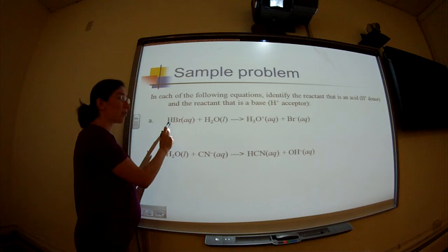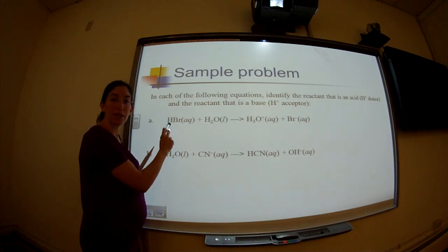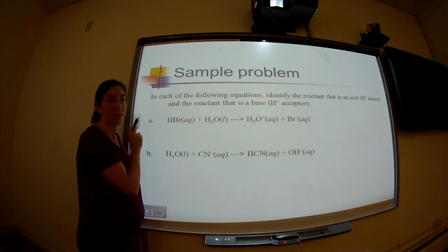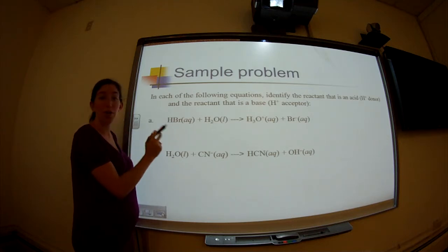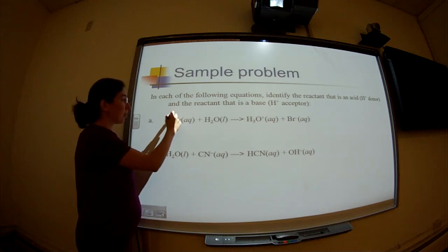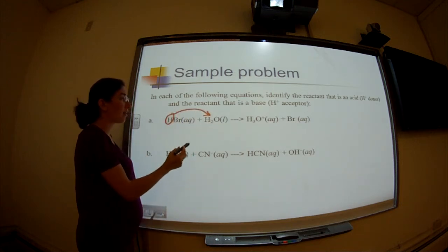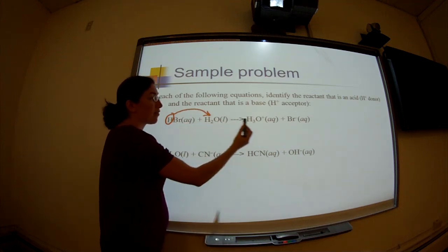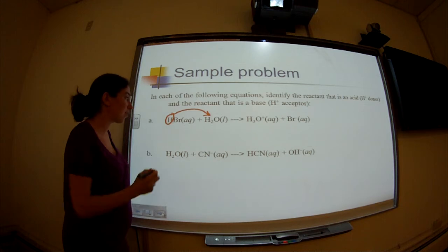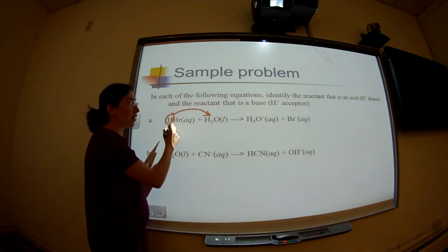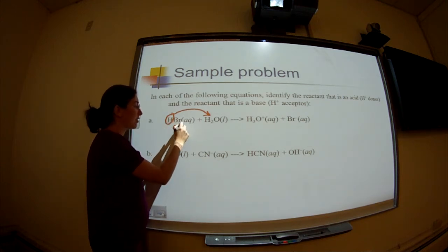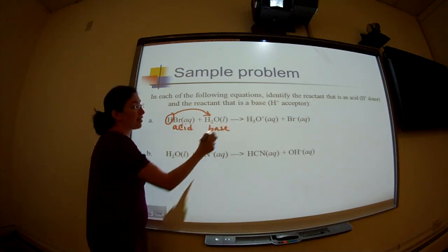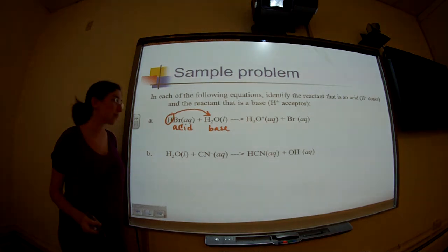So is the hydrogen bromide losing a proton or accepting a proton? It is donating a proton, okay? This proton gets donated to the water to make it into H3O+ and leave that as Br-, okay? So if this is a proton donor, that means it's an acid. If this is a proton acceptor, that means it's a base, okay?